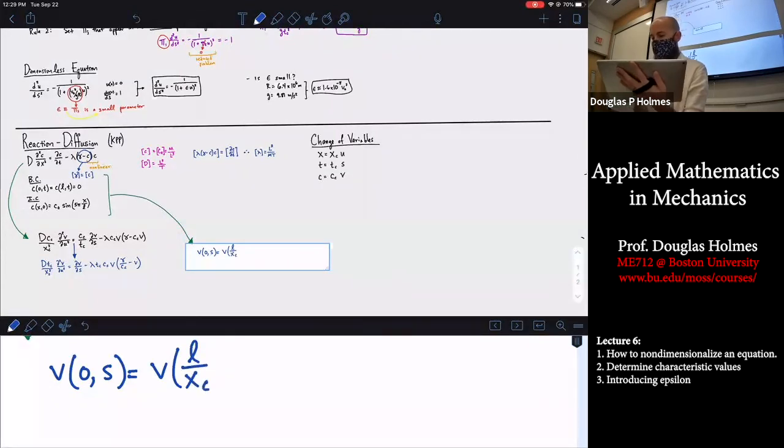Remember, we're dividing through by XC and TC and S. And that should equal 0. So now this is dimensionless. So dimensionless, and this was by default dimensionless.